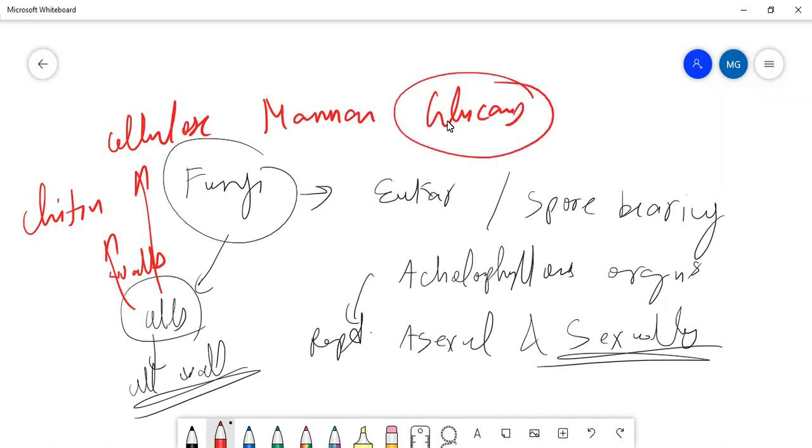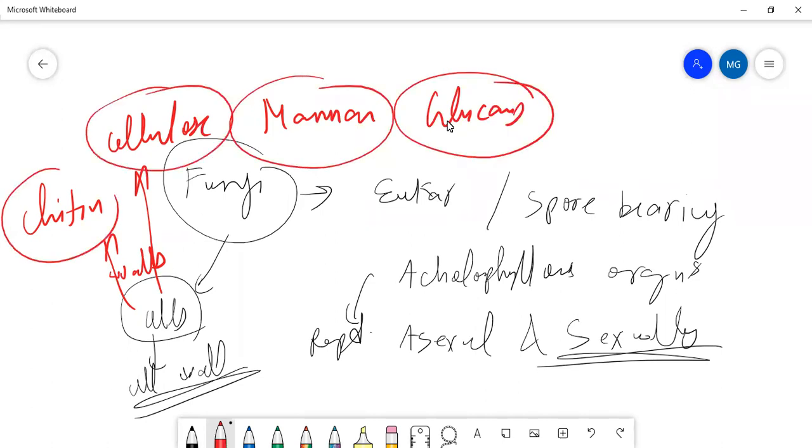So their cell walls have cellulose, chitin, mannan, glucans, and other different kinds of polysaccharides can also be present in the cell walls.